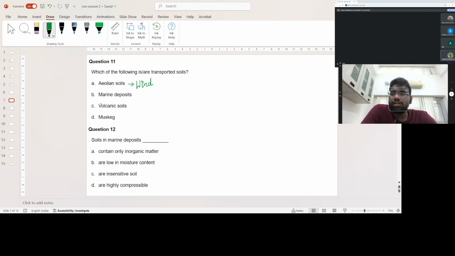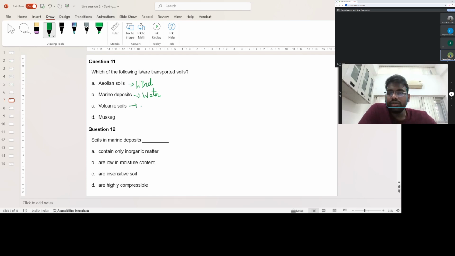And if you take B, marine deposits, those are also due to water, which are formed in the coastal areas as well as at the point where rivers meet the seas. So nearby those areas are marine deposits.